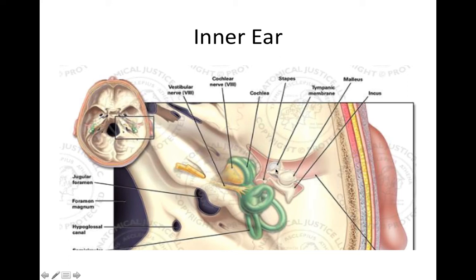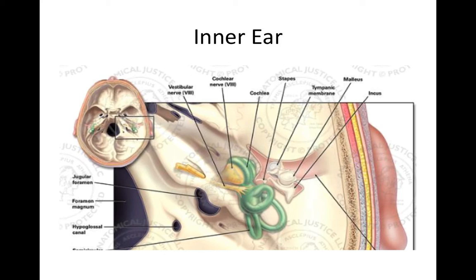Of course, this is going to be your middle ear, your external ear going outward, and then going inward you can see the vestibular nerve and the cochlear nerve, and they come together, of course, to form the vestibulocochlear nerve, which is our cranial nerve 8, which is exclusively sensory.